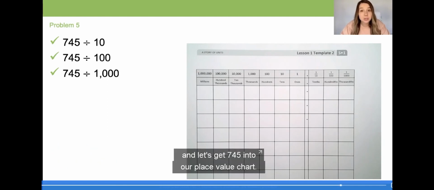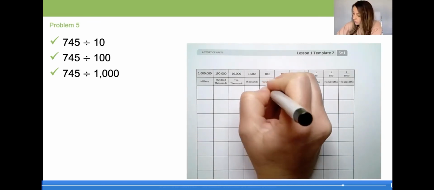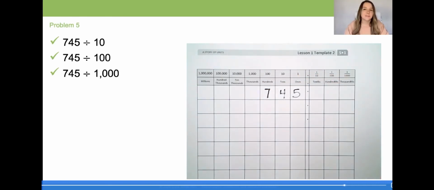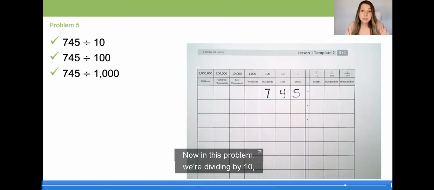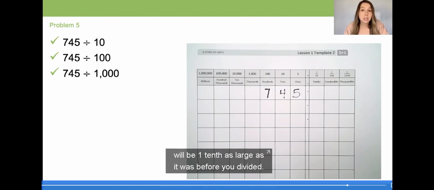Let's begin by reading that first expression, 745 divided by 10. And let's get 745 into our place value chart. Now in this problem, we're dividing by 10, which means the value of each digit will be 1/10 as large as it was before you divided. In our previous examples, when we divided by 10, which direction did we shift in the place value chart?